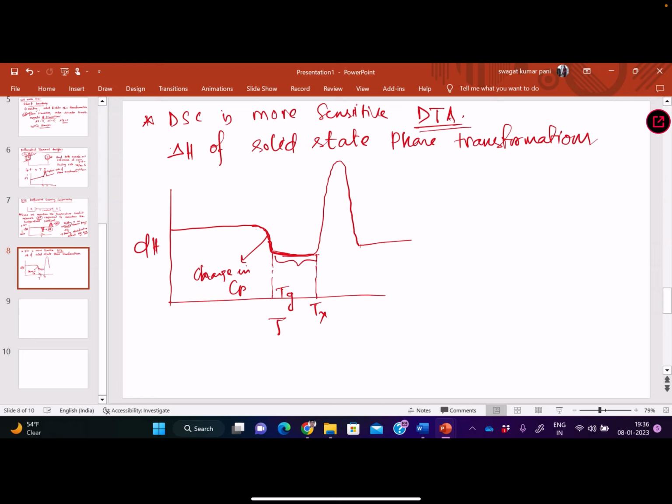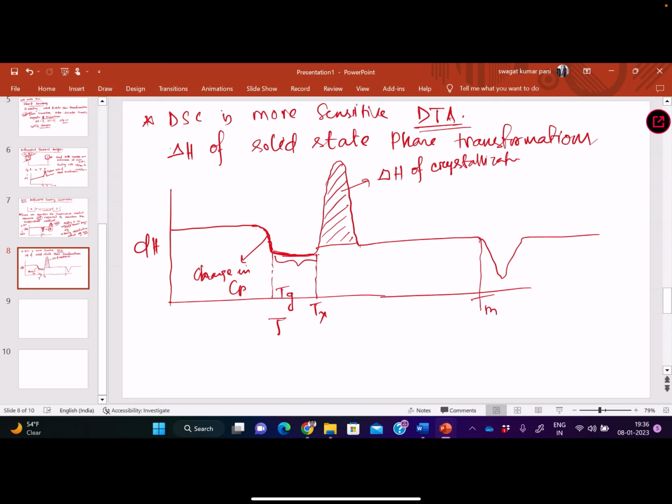Again here, solidification will occur here. Delta H of crystallization. Again that will go, and here it will melt. This is the melting point. Enthalpy of melting.